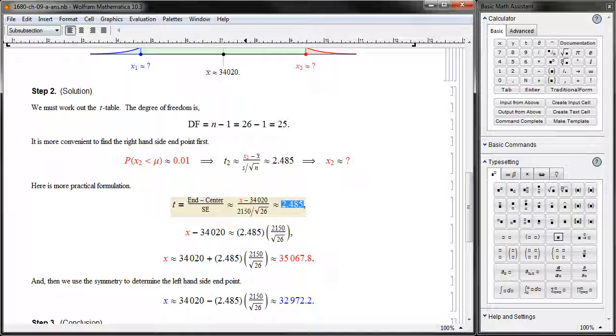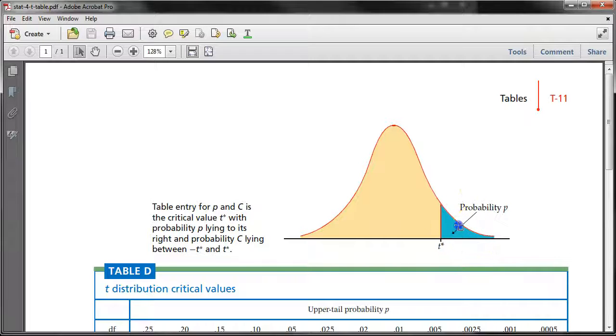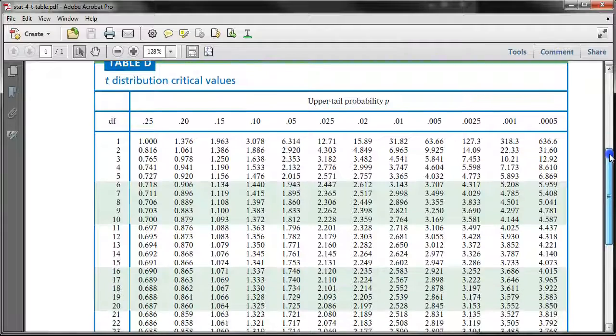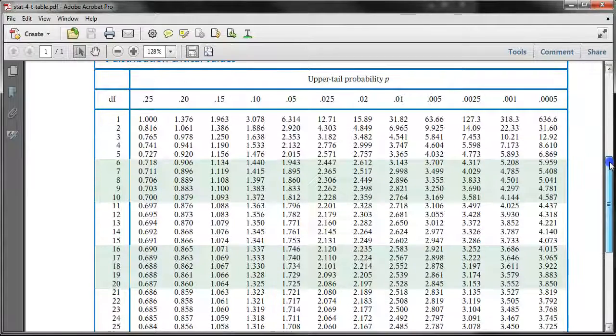Let's see, what is my t-table? This part over here has to be 1%, and that's for degree of freedom of 25. Right here, 2.485.